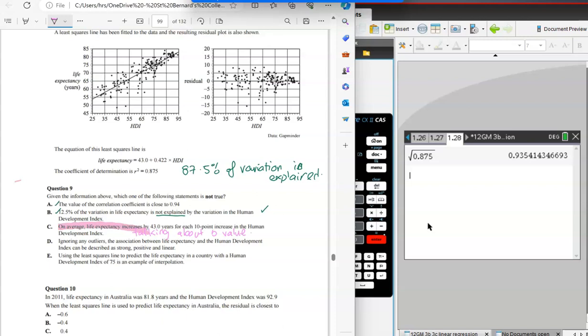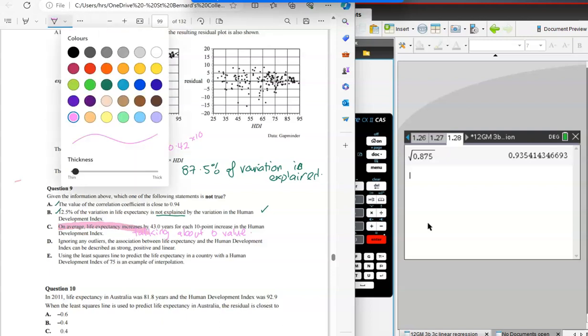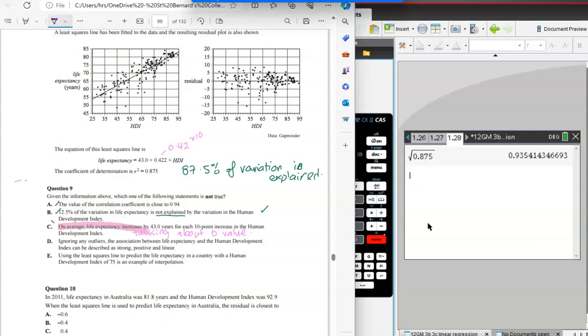If we look at our B value, it is 0.42, and they're saying if you increase it by 10, so times it by 10 instead of 1, what we normally do, it would be 4. But you can already see they're using the A value there. This is not true. That's the not true statement there. So I'm going to take that one and say it's not true.